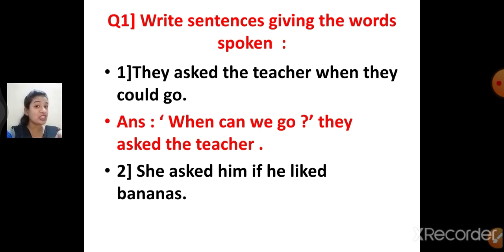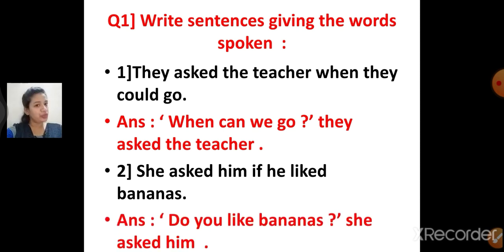So this will change into, do you like bananas? So what is direct speech over here? Do you like bananas? Now again an interrogative sentence, you're going to put a question mark. She asked him, this will remain the same. Again the spoken words go in inverted commas. So let's see the answer. Do you like bananas? She asked him.